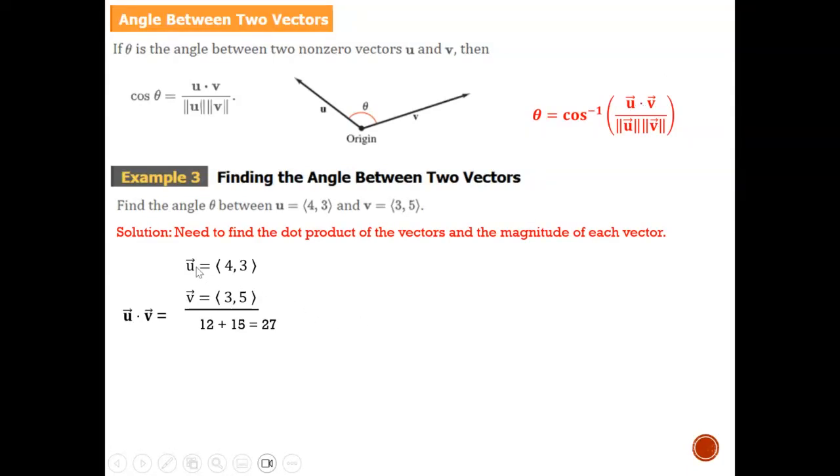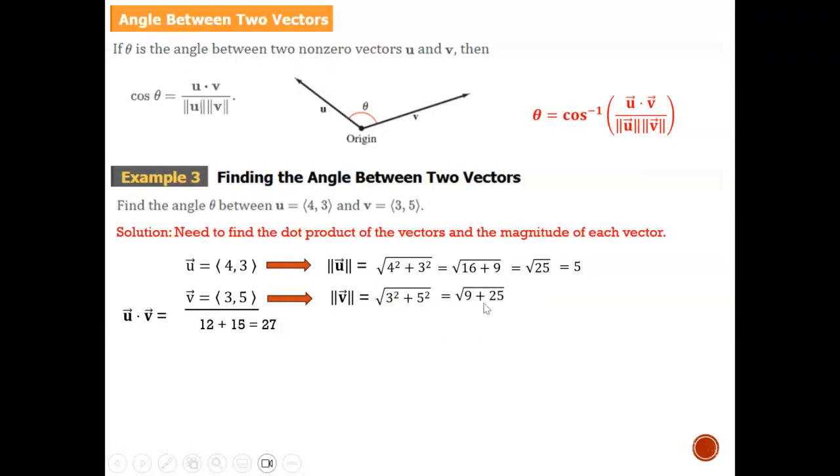Now I need to find the magnitude of u. The magnitude of u will be the square root of 4 squared plus 3 squared, which will give us the square root of 25, which is 5. Now, step 3, I need to find the magnitude of vector v, which will be the square root of 3 squared plus 5 squared, which gives us the square root of 34.